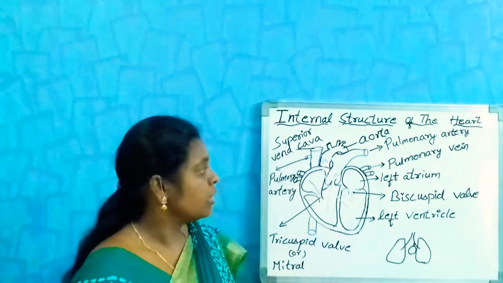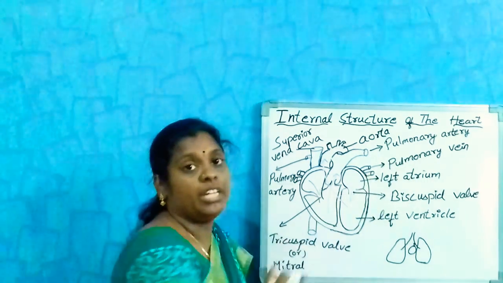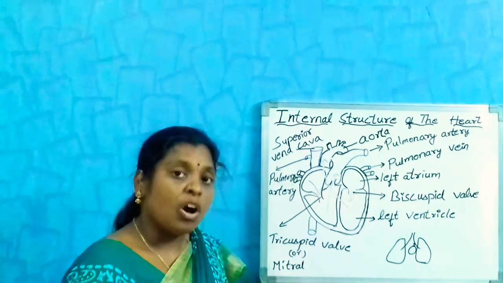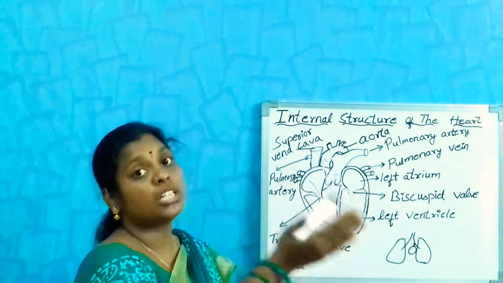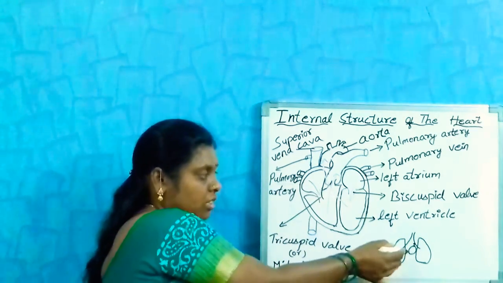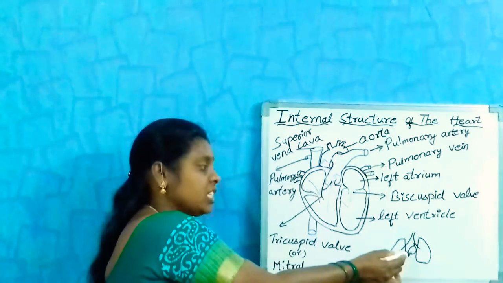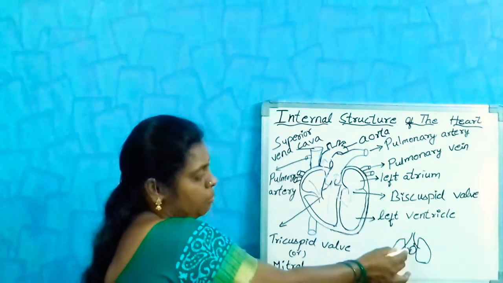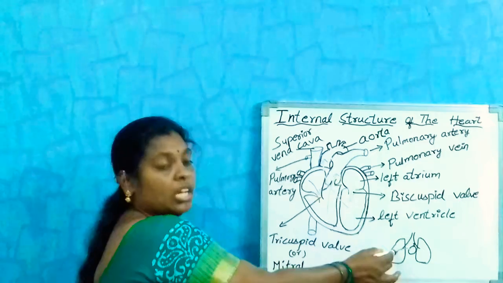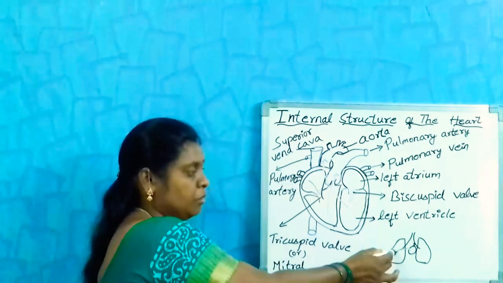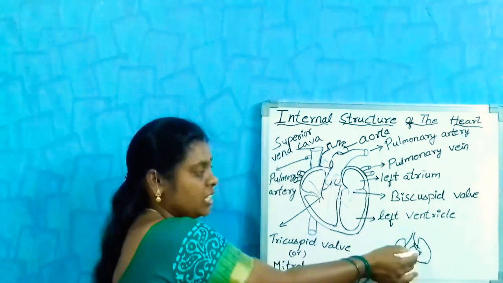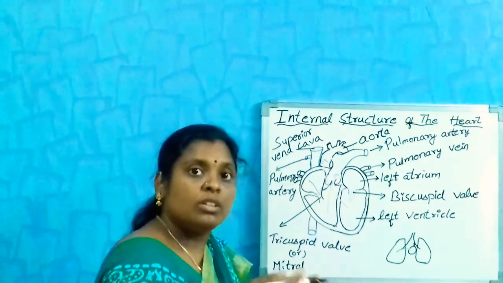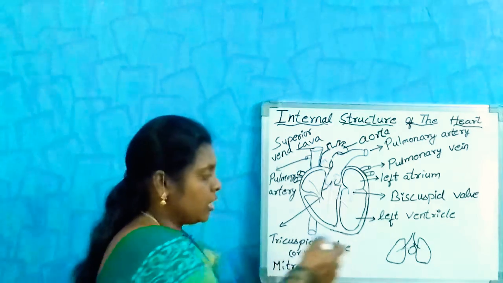Same with the pulmonary vein. See, the pulmonary artery carries deoxygenated blood from heart to lungs, and the pulmonary vein carries oxygenated blood from lungs to heart.